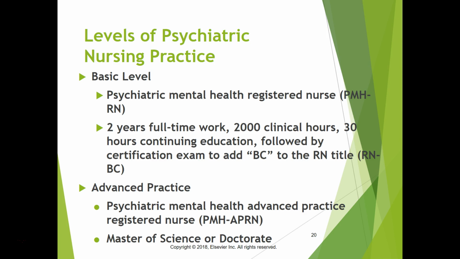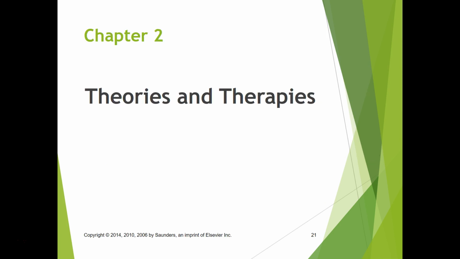So of course they had PTSD and many different types of symptoms. My role was to help them with their mental health and also to teach the staff how to intervene a little bit more appropriately so that the patients were more comfortable. So lots of different types of roles, but just two basic levels, the basic and the advanced practice level.